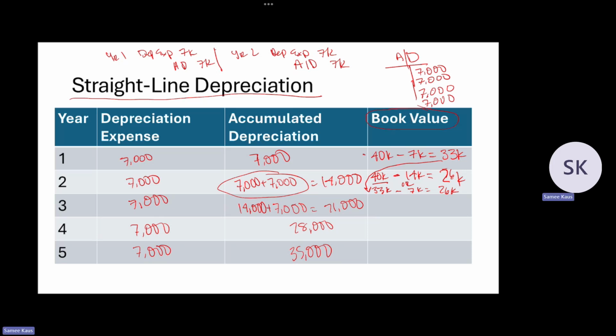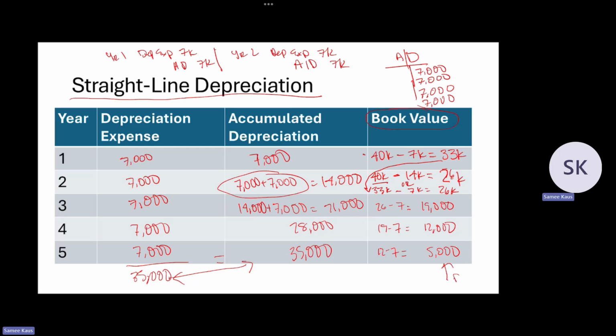Notice that's going to equal my total depreciation expense that I've taken. Those two things are going to equal each other. Now I can finish out my net book value: 26 less 7 gives me 19,000. 19 less 7 gives me 12,000. And 12 less 7 gives me 5.